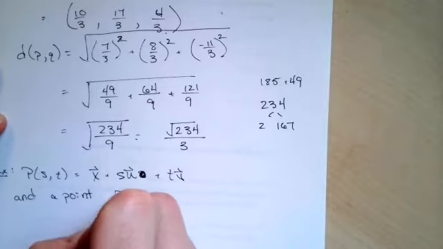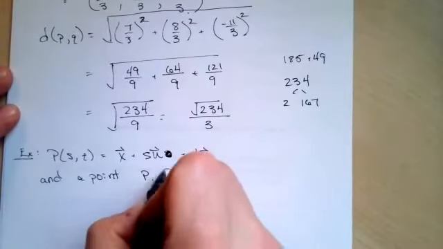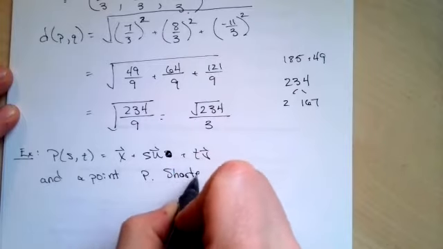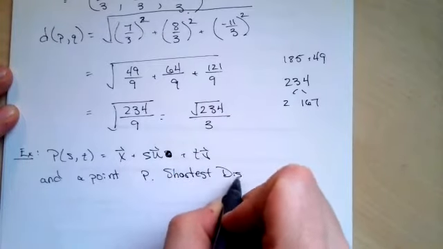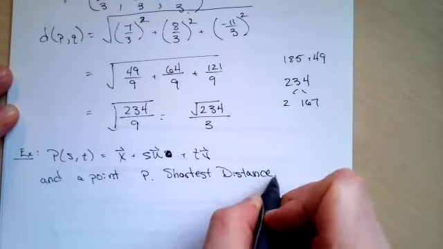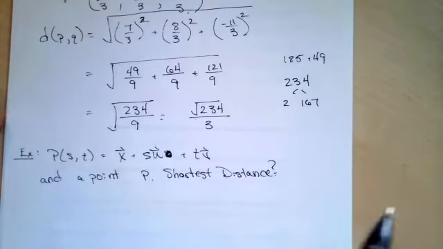And the point P. If we wanted to find the shortest distance, how do we find that? Could we generalize the previous methods?